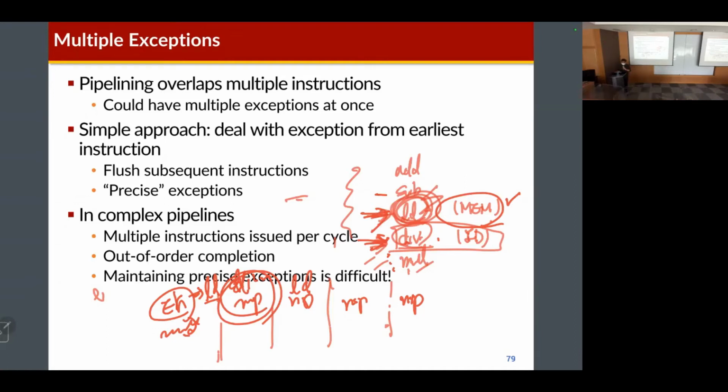And this kind of exception handling is actually called precise exceptions. Which means that a processor needs to support precise exceptions. But some processors cannot support precise exceptions actually. But usually we assume that a processor can support precise exceptions.